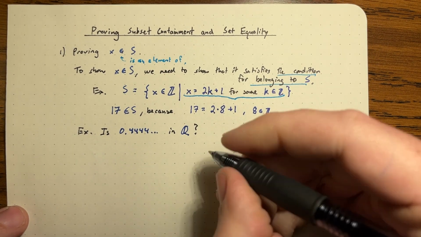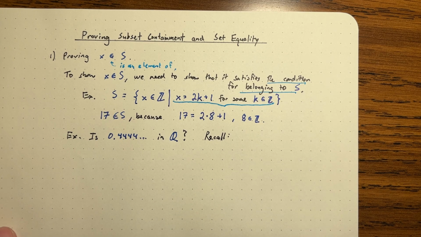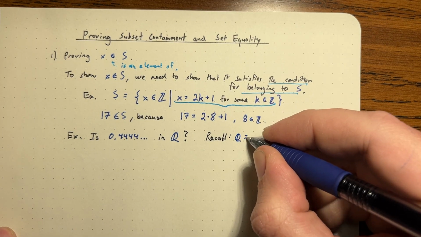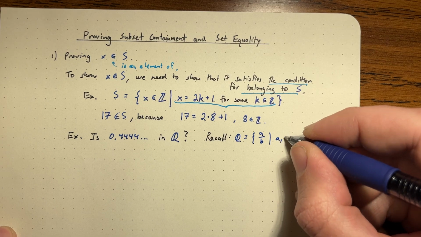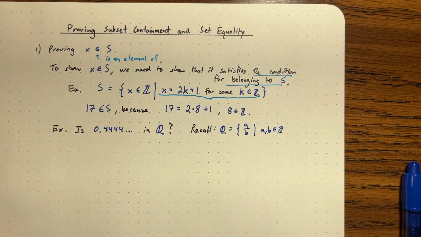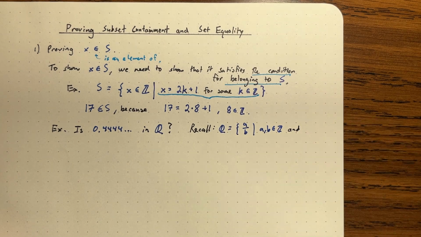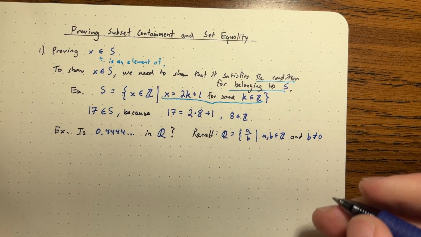And let's recall our definition of the rational numbers. The rational numbers are defined to be quotients of integers, so a over b, where a and b are integers. I suppose we also want that we don't have a denominator of 0, so b is not 0.